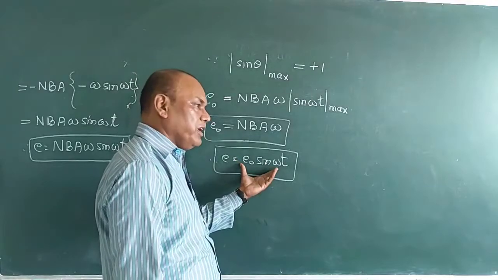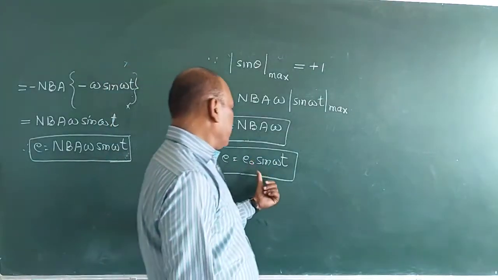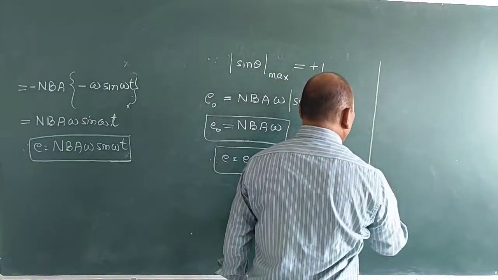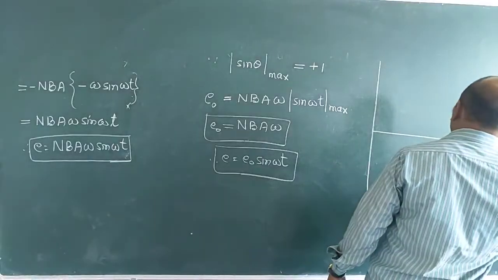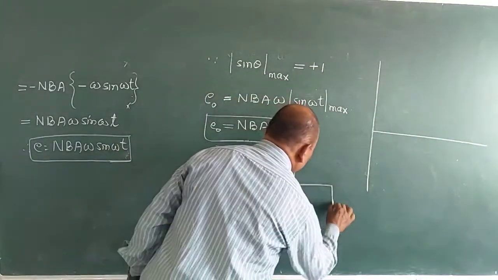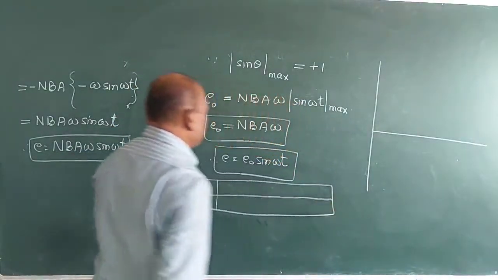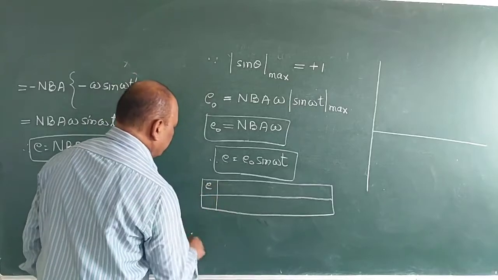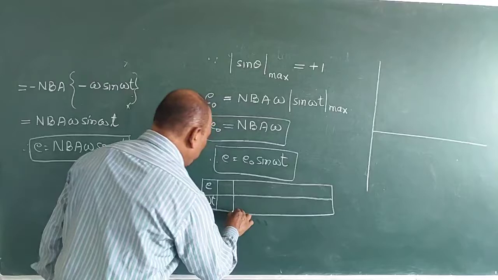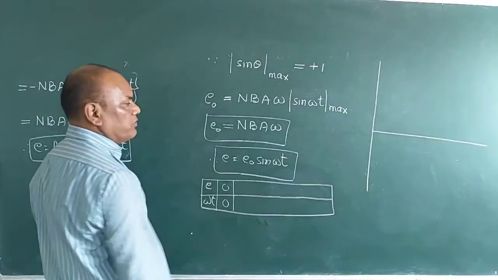Now if we draw the graph between E and omega t, then we have this type of plotting here. Now we collected data to find the graph. This is E and this is omega t. If we put omega t as 0, then this value will be 0.